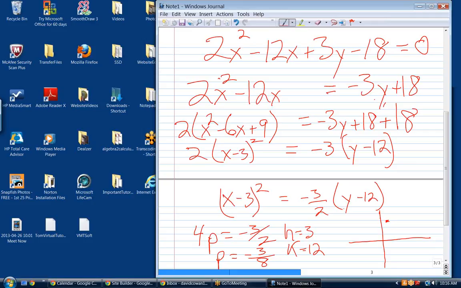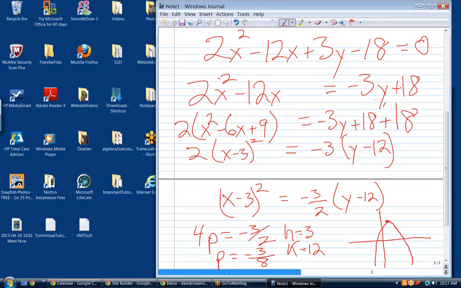In other words, p is really without sign, but we know it goes down because the original equation is going to have a negative on the x squared part. If we were to solve this for y, that would be a negative coefficient in front of the x squared. So we know it goes down for that. And it's broad. This is where I kind of get confused. Let's see.